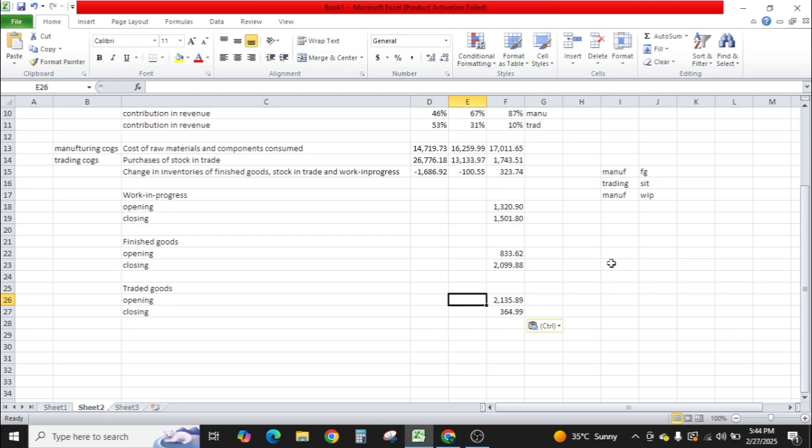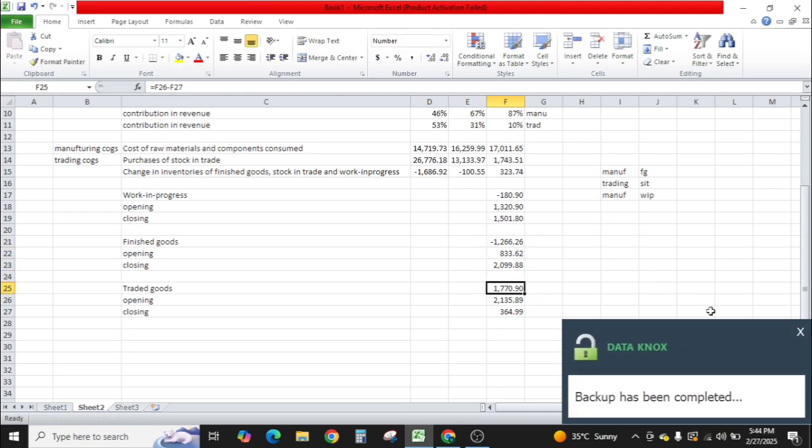Now we will do opening minus closing. So the opening minus closing, which will be this. Same for finished goods and same for traded goods.